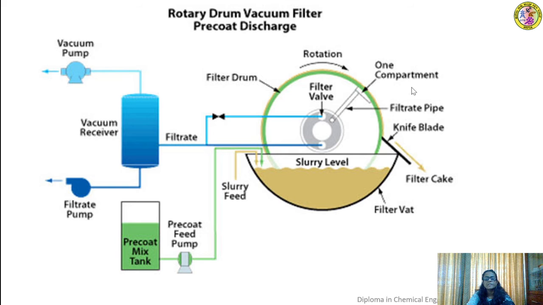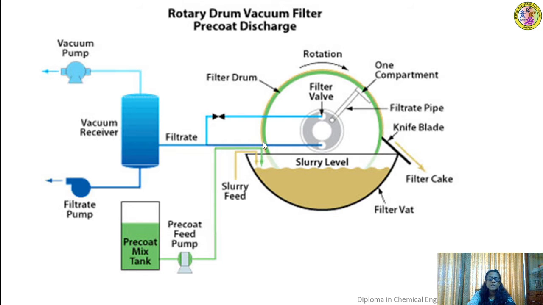So this is another diagram showing you the parts and the working operation of the rotary drum filter. This is a slurry trough and the drum that is rotating continuously, dipping a portion of it inside the slurry that is to be filtered.